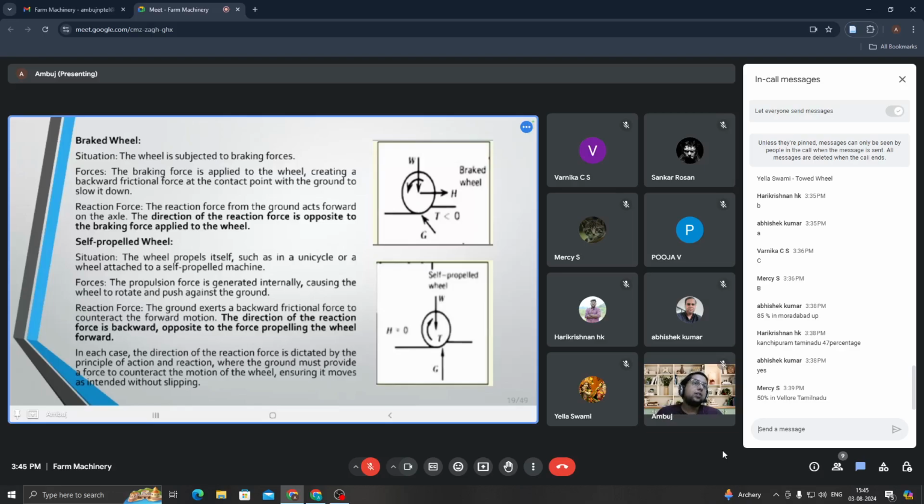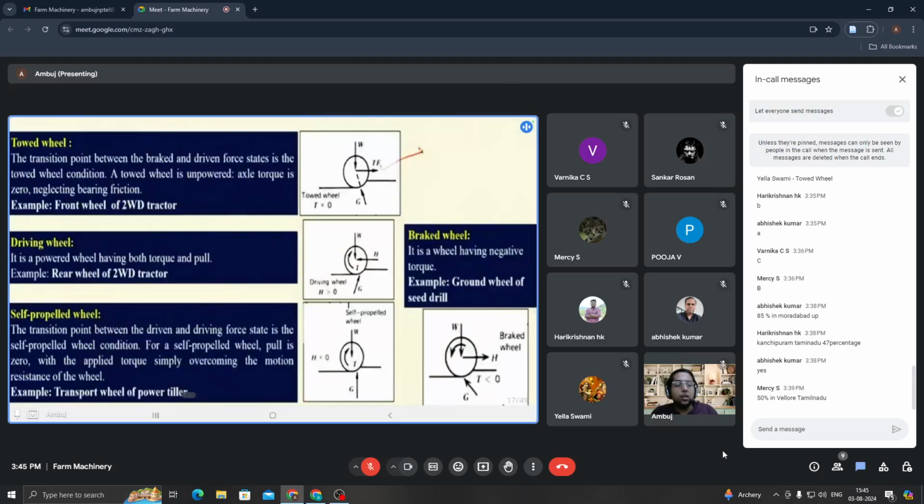I know it is somewhat complicated. That is why in questions we just ask the examples. So do try to remember these examples: towed wheel, front wheel of a two-wheel drive tractor; driving wheel, rear wheel of a two-wheel drive tractor; self-propelled wheel, transport wheel of a power tiller; braked wheel, ground wheel of a seed drill.